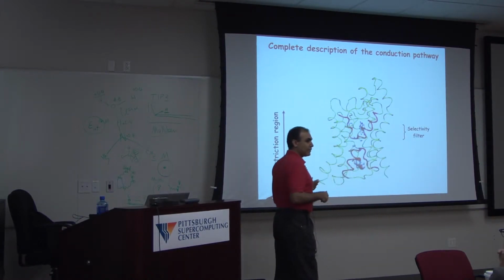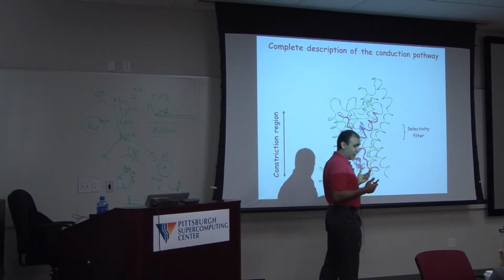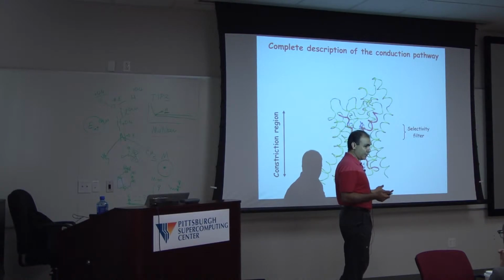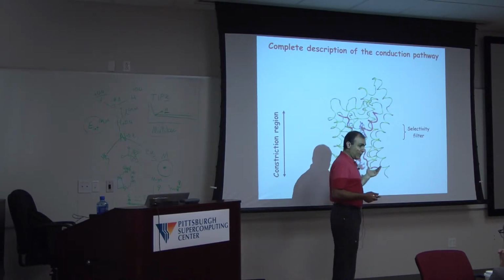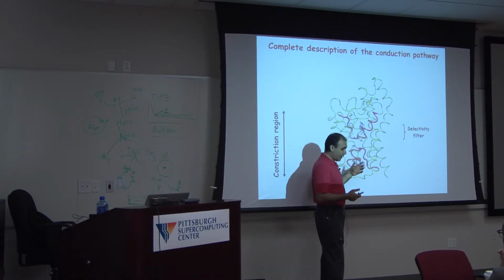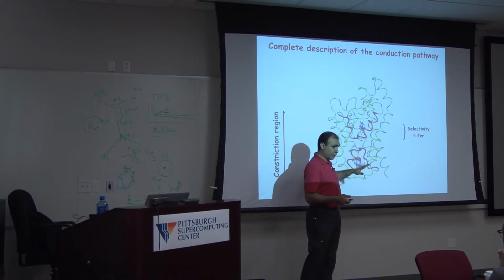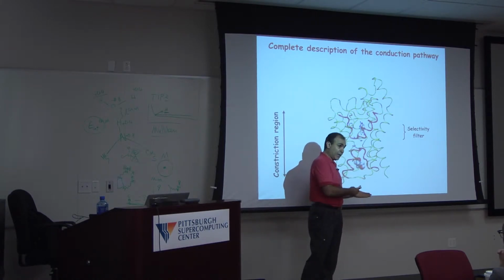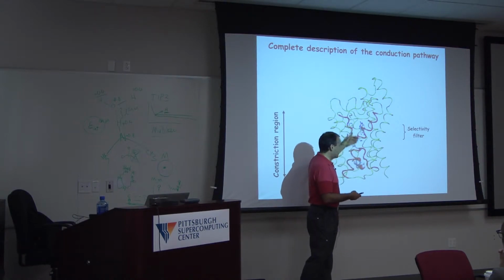But do they function with three at once? No, that's not how it functions under physiological conditions. You're right. If you have very high glycerol concentration, then you will get 3 glycerols in the channel. 20% is very high. But under real conditions, it doesn't work like that. But in our simulations, we kept all 3 copies to have sampling of different regions in the channel.